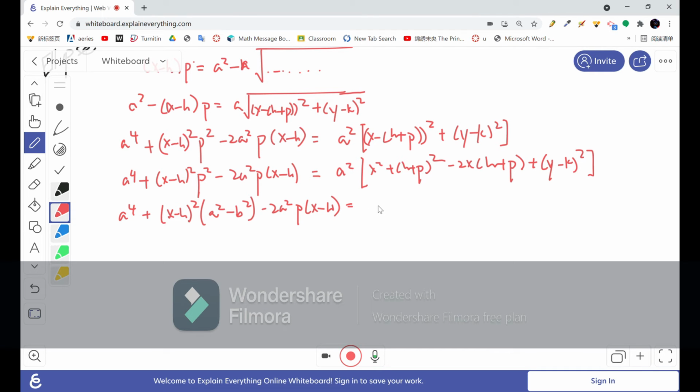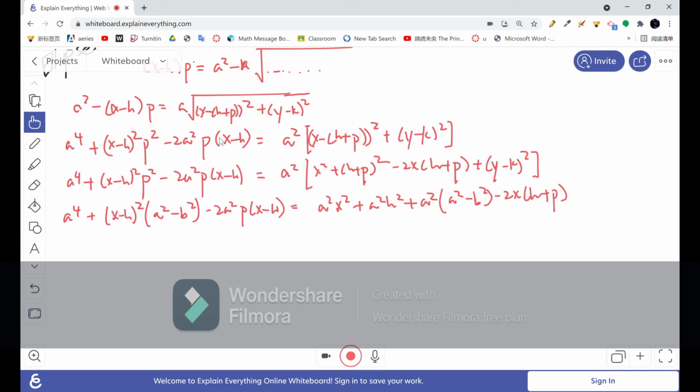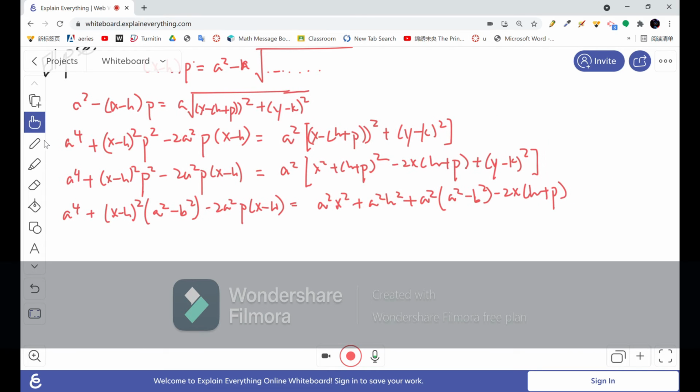So this is equal to a squared x squared plus a squared p squared times a squared minus b squared, minus 2x times h plus p. Actually, I forgot to multiply x by a squared.